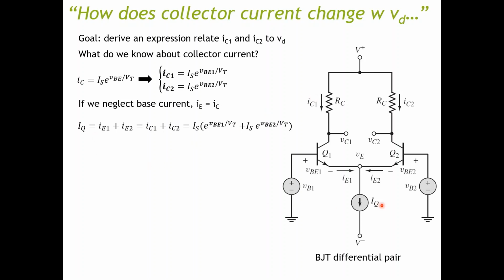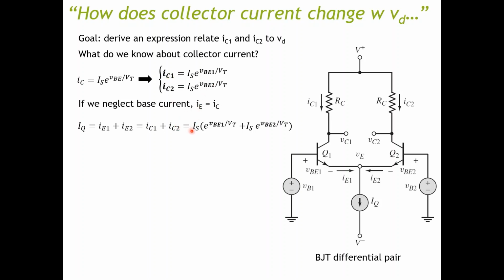Therefore, the constant current source IQ, which is split between IE1 and IE2, can be assumed to be split to IC1 and IC2 also. So here in the equation, I can have IQ equal to IE1 plus IE2, and I can make it equal to IC1 plus IC2. Now what next is basically I can plug in these two equations.